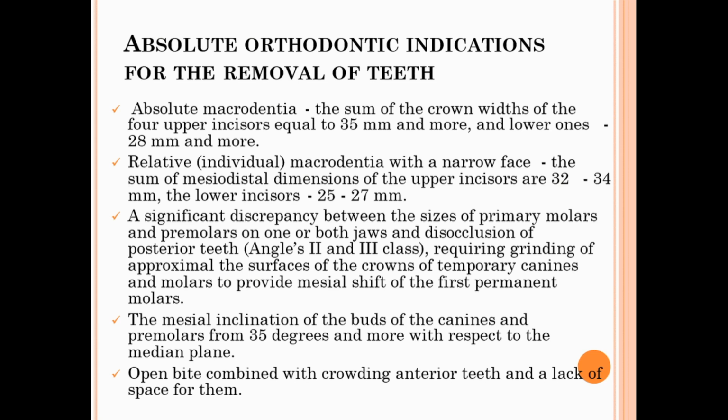Next, the mesial inclination of the buds of the canines and premolars from 35 degrees and more with respect to the median plane. Open bite combined with crowding of anterior teeth and lack of space for them.